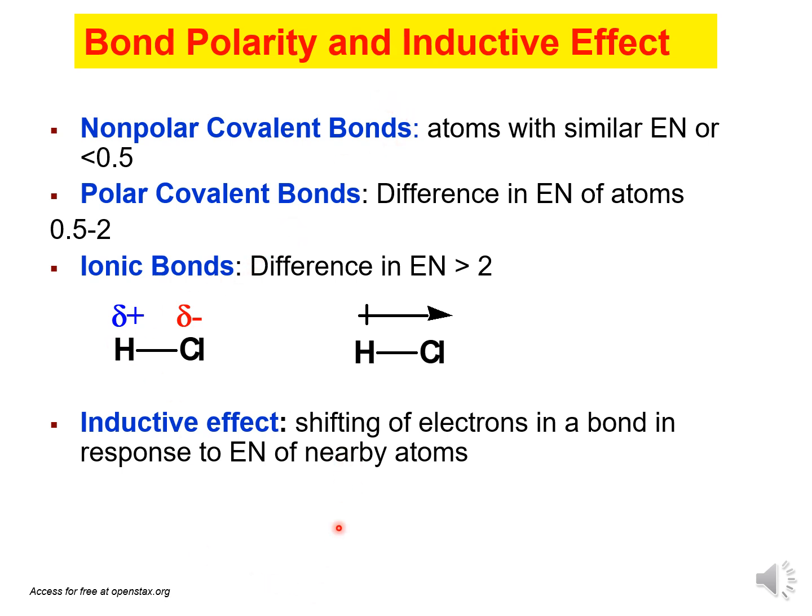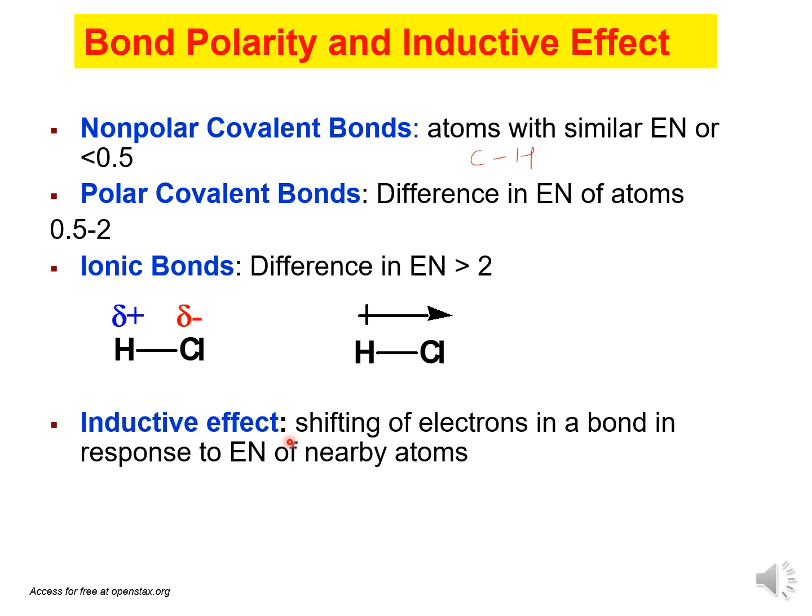For example, CH bonds are non-polar covalent bonds because the difference in electronegativity between these two atoms is less than 0.5. A case of ionic bond would be where the difference in electronegativity between the two atoms is greater than 2. Okay, so in this particular video, we are going to talk about polar covalent bonds and how to figure out whether a compound is polar or not.